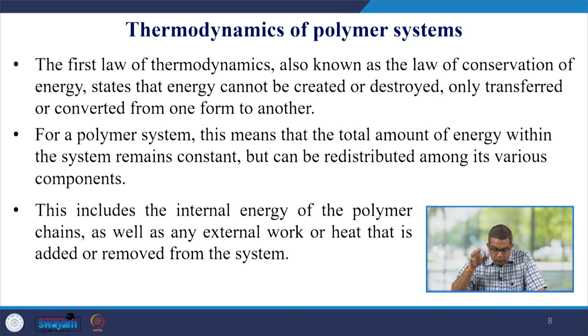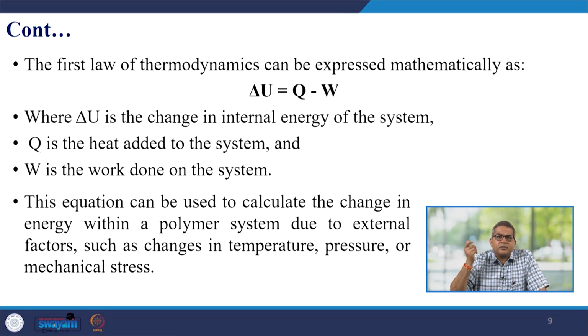Now, this includes the internal energy of the polymer chain as well as any external work or heat that is added or removed from the system. So, the first law of thermodynamics can be expressed mathematically as delta U is equal to Q minus W.